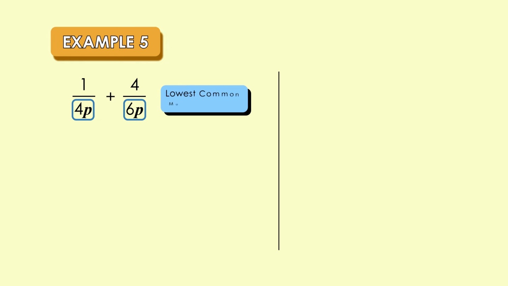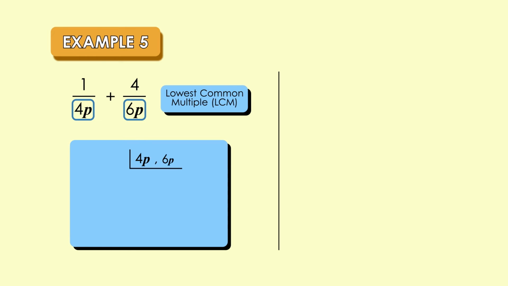We can use LCM, or in full, lowest common multiple. Divide each term by the common factor, 2p, consecutively. The LCM of 4p and 6p is 2p times 2 times 3, which is equal to 12p.